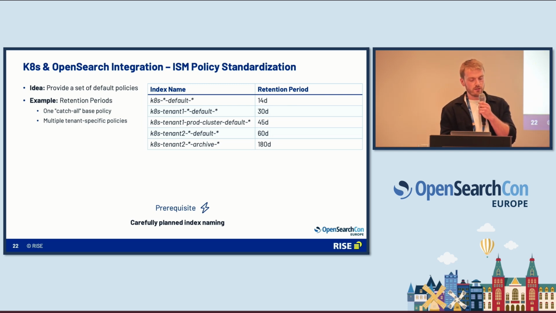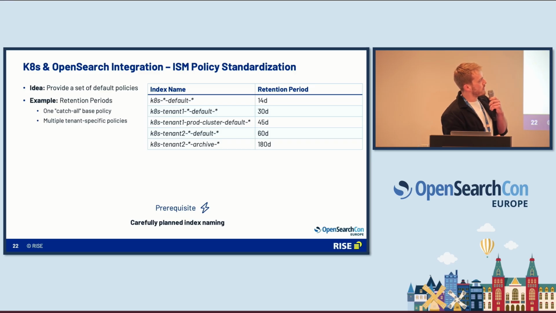So let's have a look at the retention policies in this table, for example. At the very top, you can see one catch-all base policy, which will delete indices that are named like this after 14 days. Further below, you can see multiple tenant-specific policies.